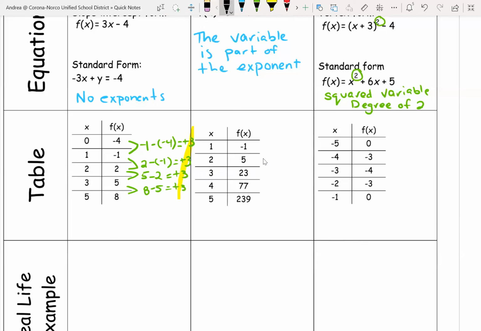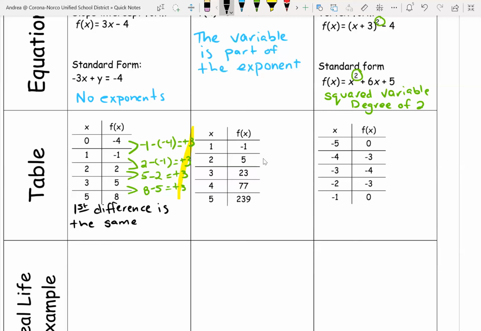The first difference is the same, is constant. That's your rate of change or your slope. So this linear function has a slope or a rate of change of +3. Any questions over that? We're good?